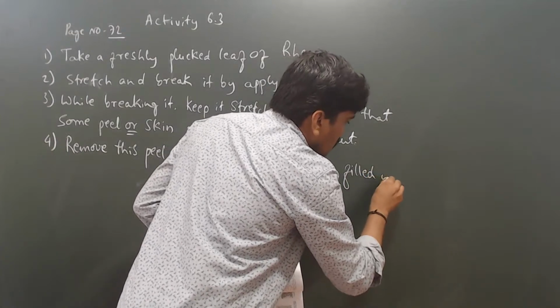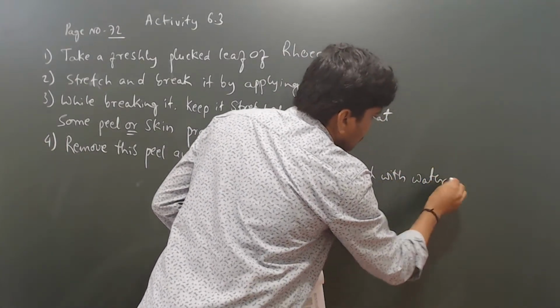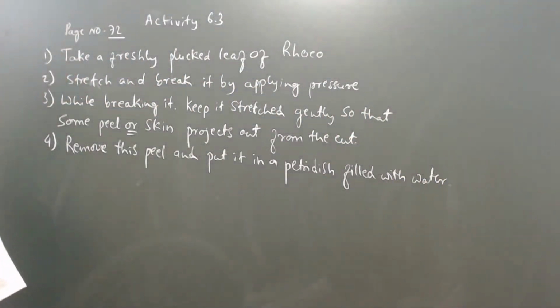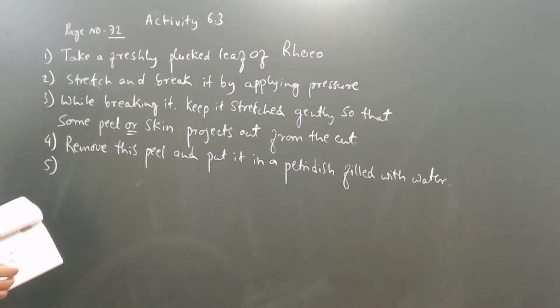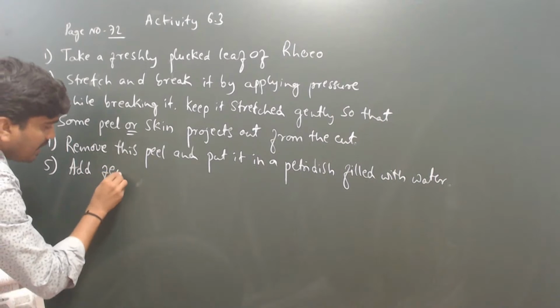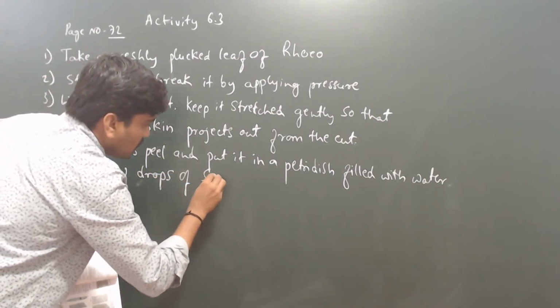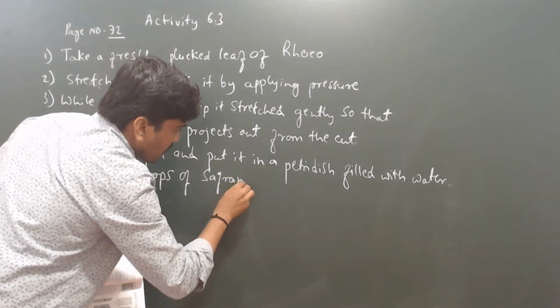Petri dish filled with water. Okay. Next, add a few drops of safranin.